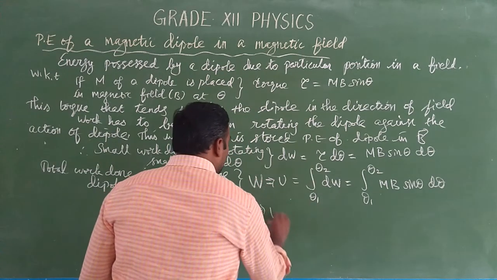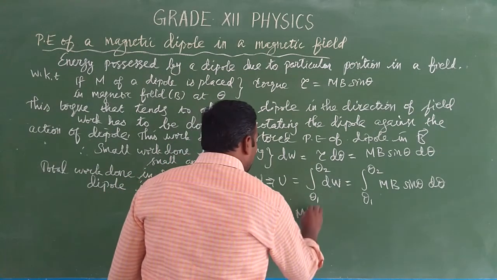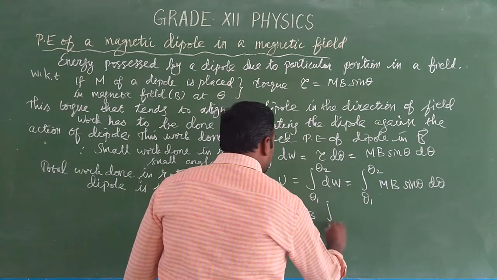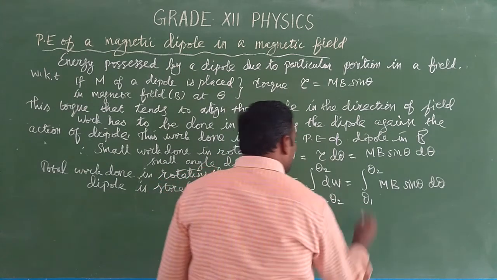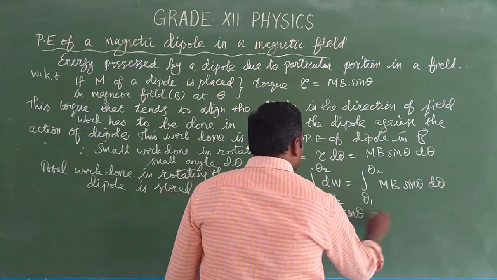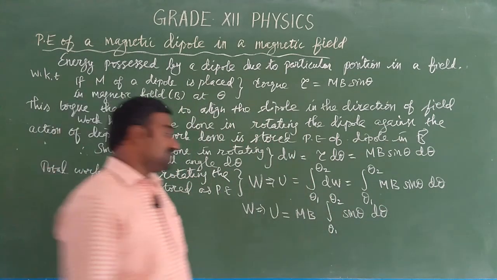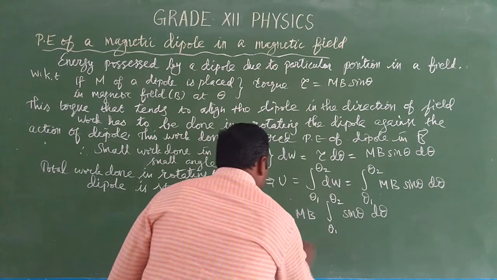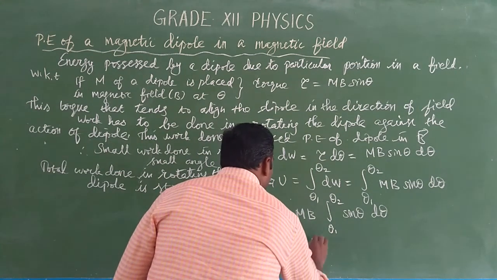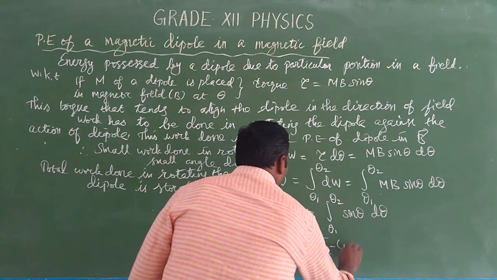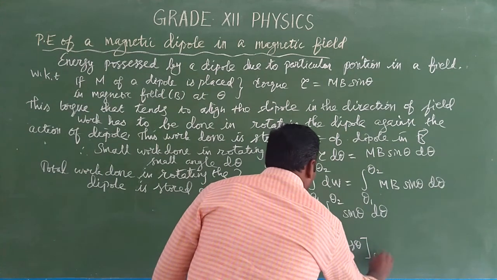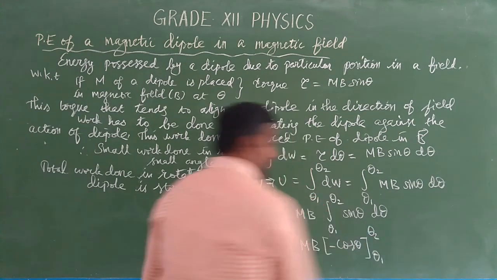So the potential energy is MB into the integration theta 1 to theta 2 of sin theta d theta. If you integrate sin theta, you will get minus cos theta. Then the potential energy is MB into minus cos theta with the limits theta 1 to theta 2.